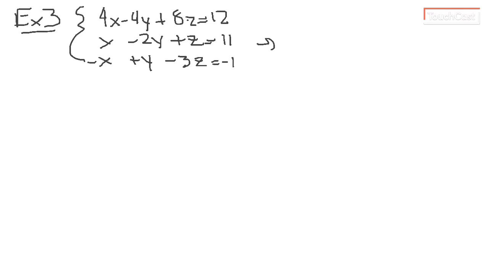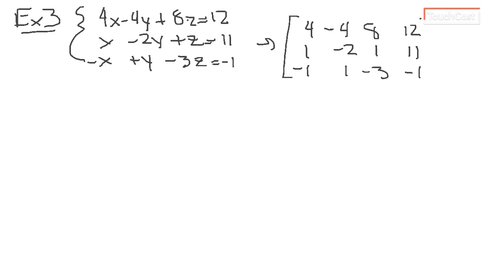So first, as an augmented matrix, we're going to have 4, negative 4, 8, 12, then 1, negative 2, 1, 11, and negative 1, 1, negative 3, negative 1.